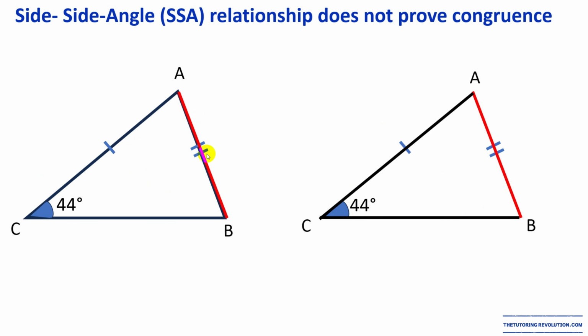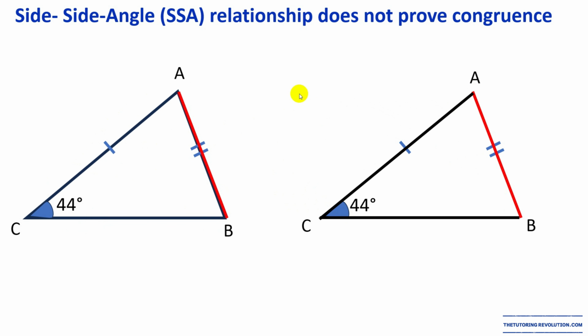Right now these two triangles are congruent. But the question is, every time this side and this side are in common, and this angle and this angle are congruent, every time that happens, the two triangles are going to be congruent? The answer is no.